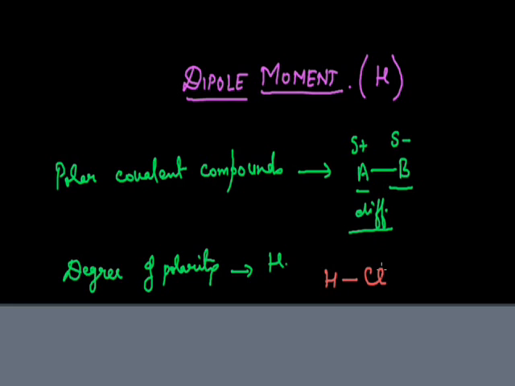But as we know, chlorine is more electronegative than hydrogen, so it will attract the shared pair of electrons more towards itself, and hence it will get a partial negative charge and hydrogen will gain a partial positive charge, due to which a sort of electrical dipole is seen in the molecule. This dipole is measured in terms of dipole moment.